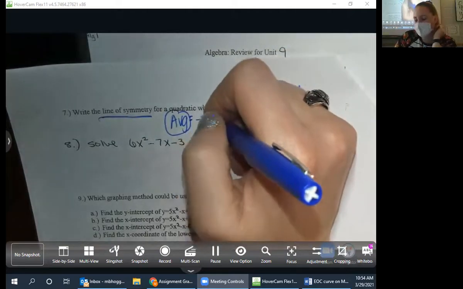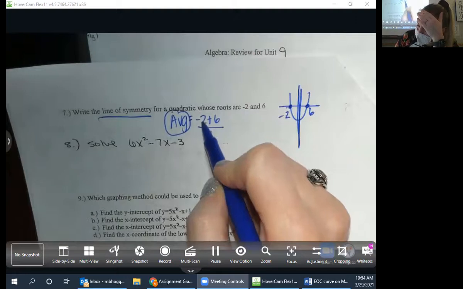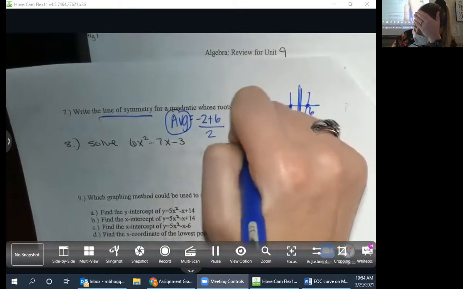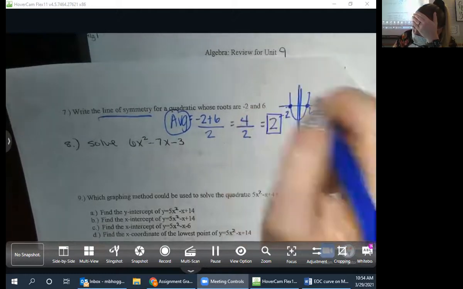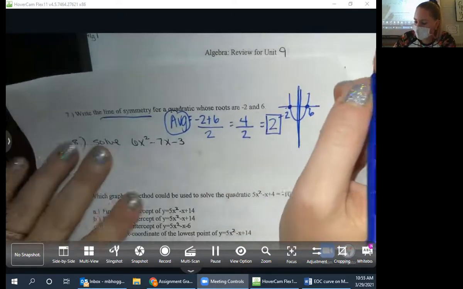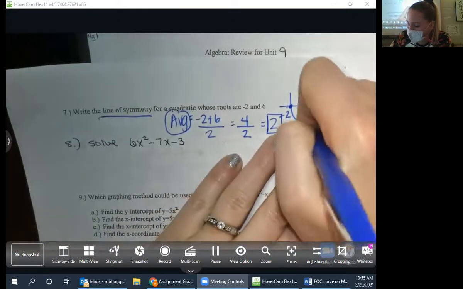The way you take an average is you add your two numbers up and divide by 2. So let's do that. -2 plus 6 is 4. 4 divided by 2 is 2. So your answer, the line of symmetry, is x equals 2.